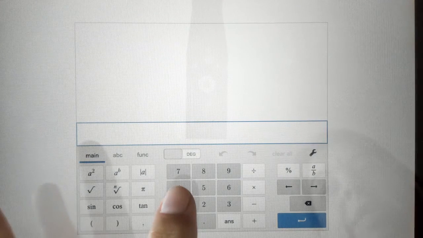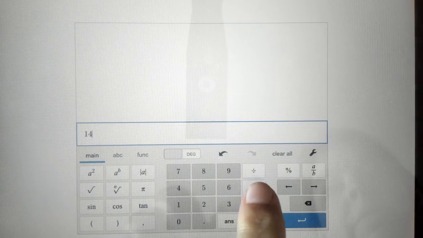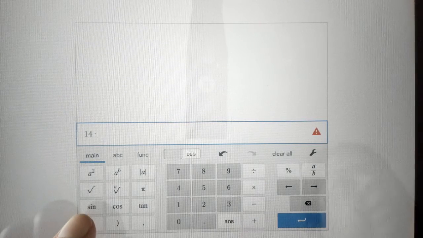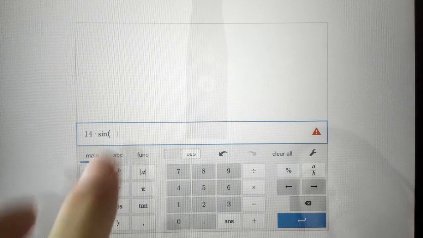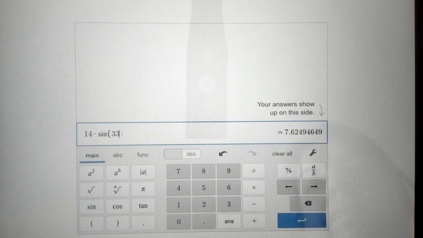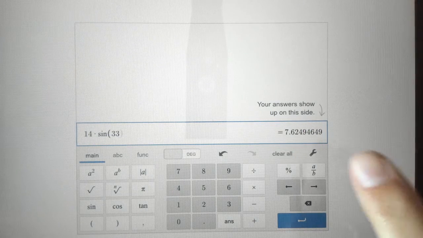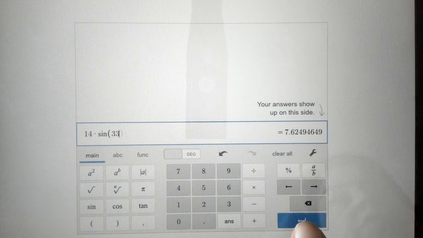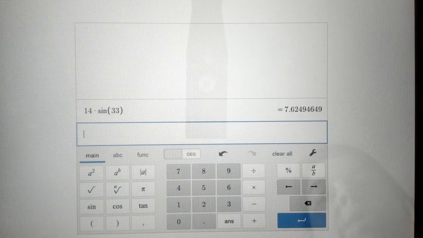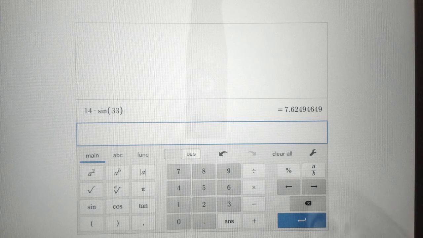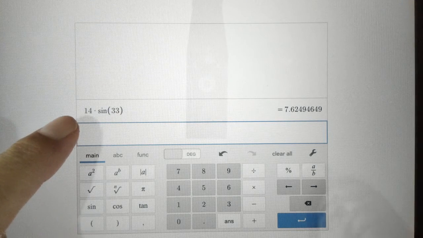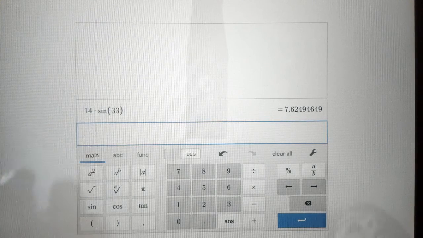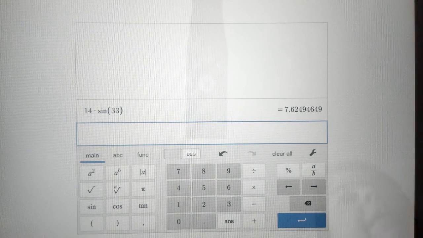So 14 times, and then you're going to click on your sine key over here and put a 33 in for your angle, and your answer is going to show up even before you hit enter. When you hit enter, 7.6 is your approximate answer. Fortunately, this free online scientific calculator has really nice math print on it, so it's going to look just like it does on the Inspire calculator.